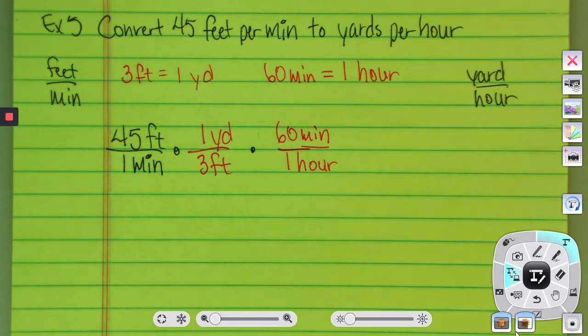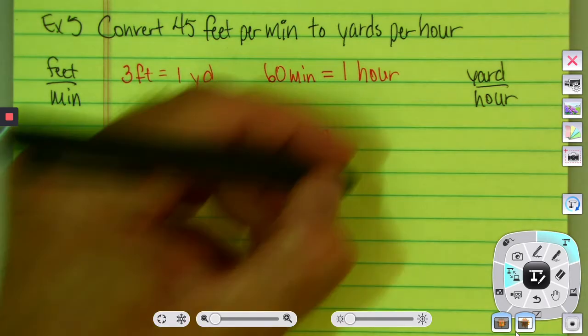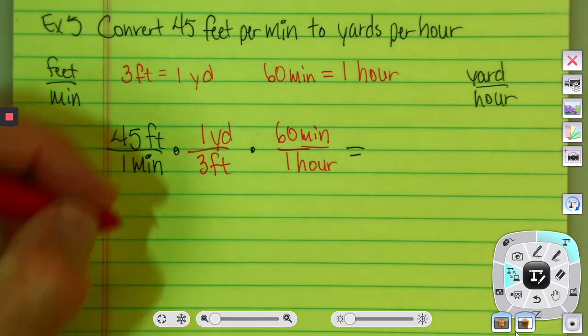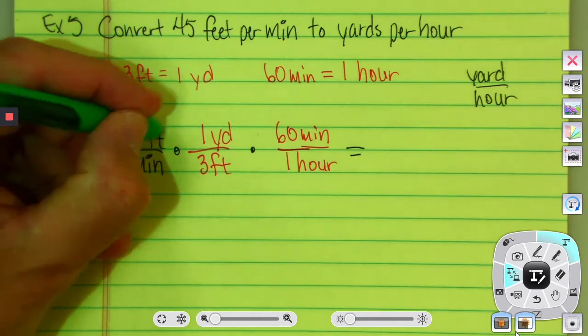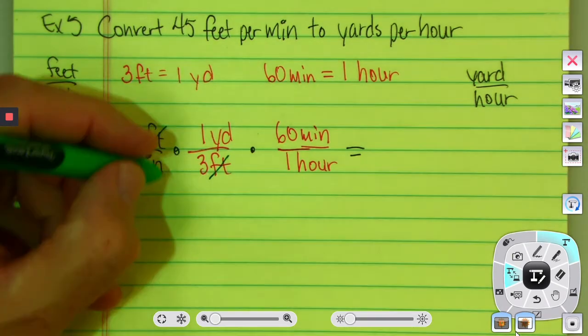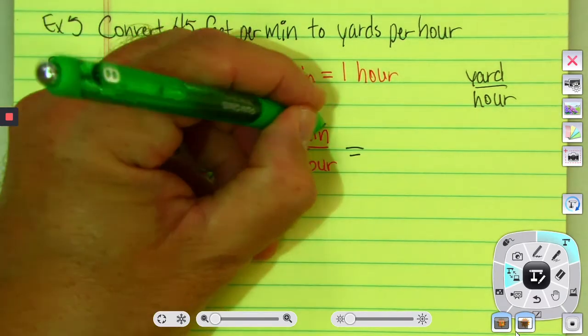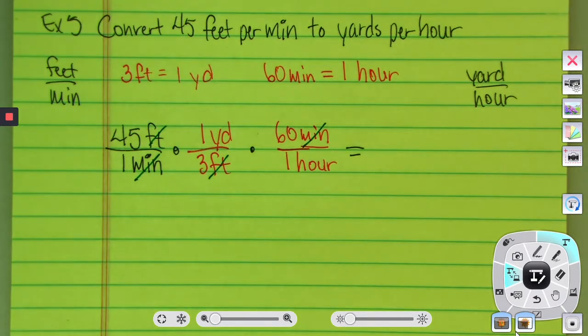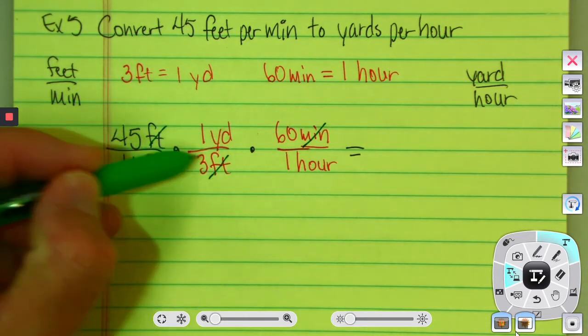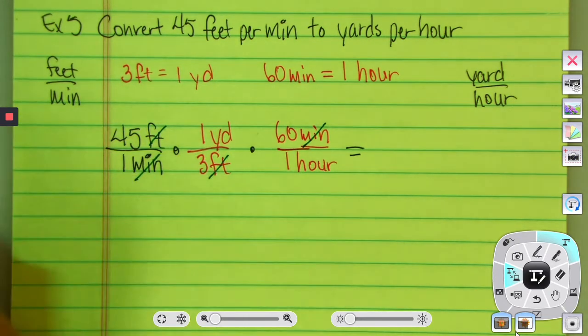All right, so having done that, I'm to the point now where I can do my favorite part, which is the part where I cancel. So I can cancel feet for feet. I can cancel minutes for minutes. And I'm left with yards per hour.